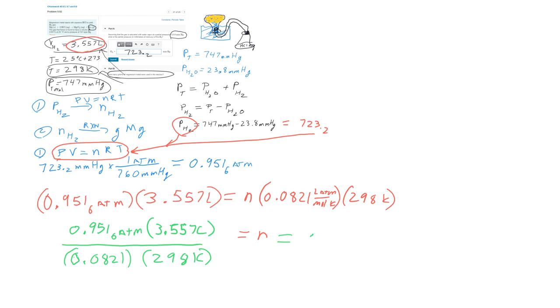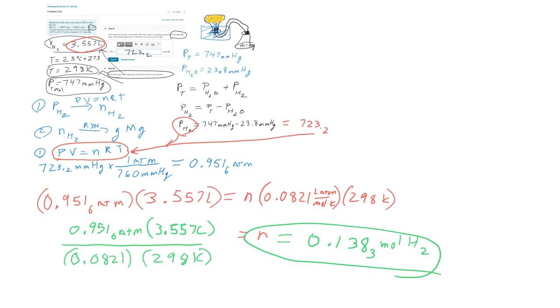That gives me 0.1383 moles of hydrogen gas. So that ends step 1.